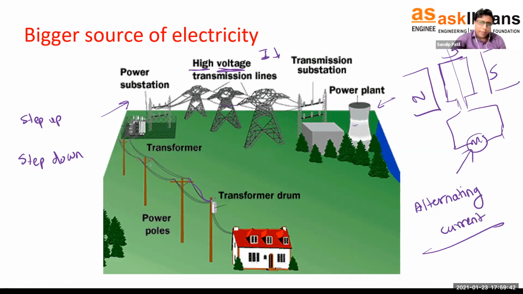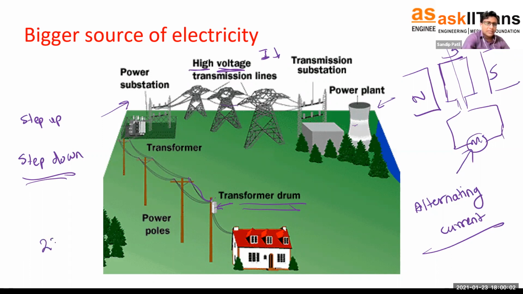And near the home again there is one transformer, right? Whatever high voltage is flowing through this wire, this transformer drum is again going to step down, because the electricity coming inside our home should not have a lot of voltage, right?